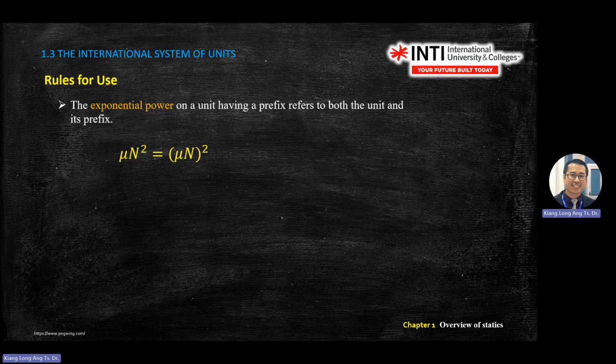It means the whole thing, you square the whole thing. So these are the things you need to take note of. Because some of you have this bad habit. You assume every time you write square, it is this one square only, but not. If you talk about unit, these two combined together means you need to multiply 2 times. So these are important especially when it comes to statics and dynamics.